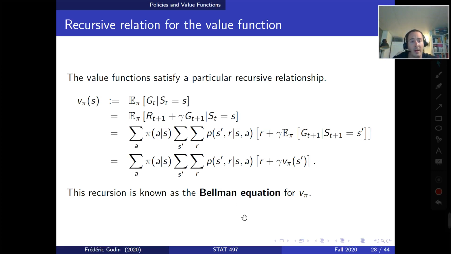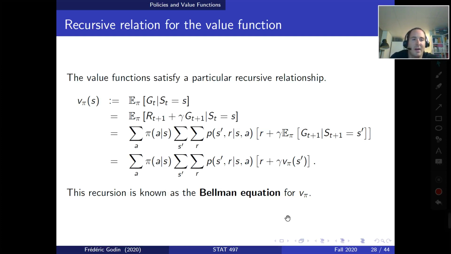Now we will introduce what we call the Bellman equation for the value function v pi. This is a very famous equation, both in reinforcement learning and in what we're going to call dynamic programming. We haven't talked about dynamic programming yet, but we're going to see subsequently that dynamic programming is the foundational theory behind reinforcement learning.